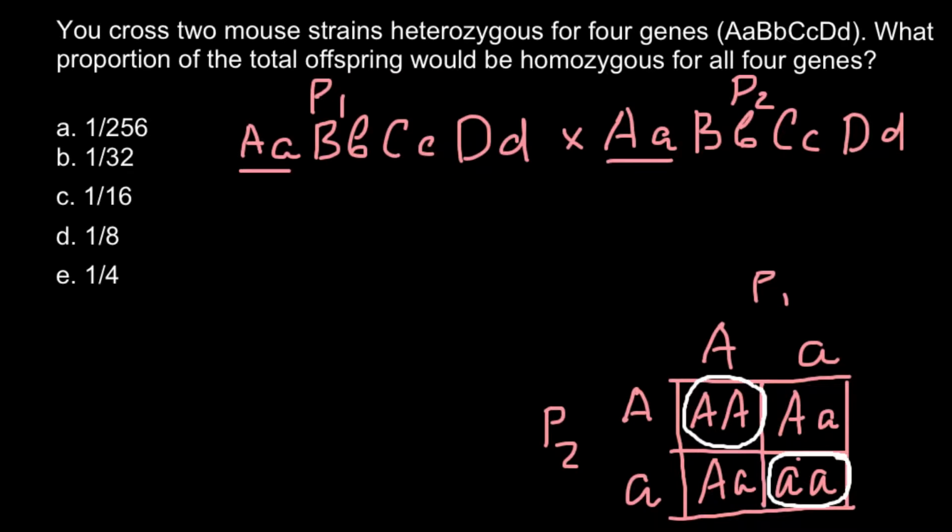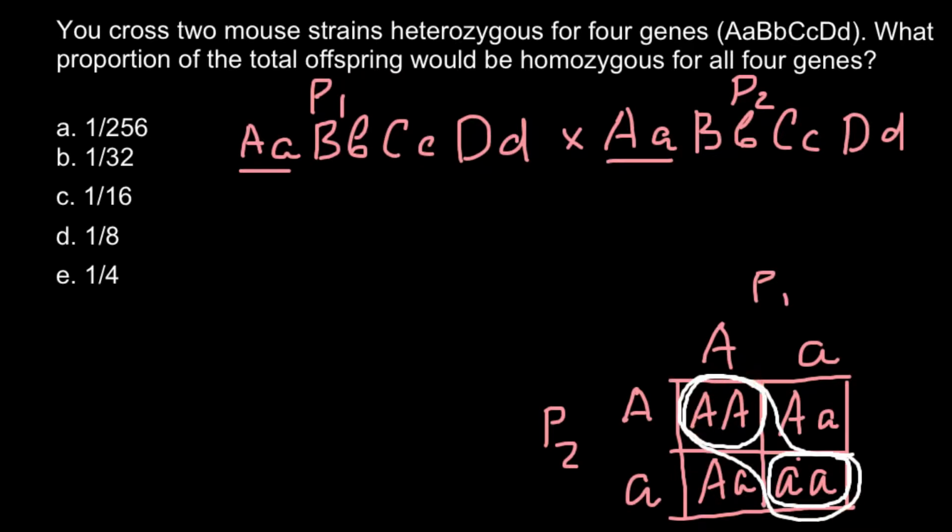So as you see together, that means that 2 out of 4 variants would be homozygous. So the chance, when we cross these 2 parents, to get homozygous offspring would be 1/2.